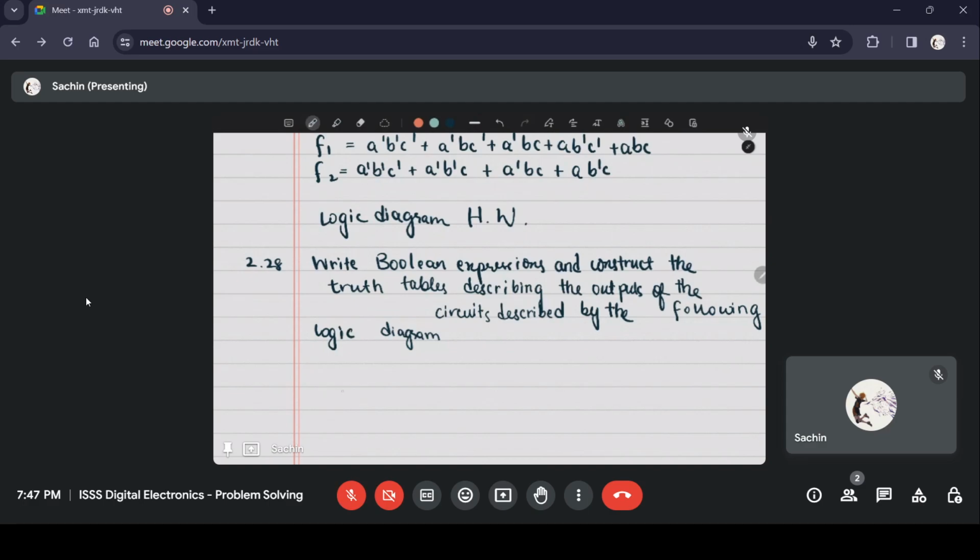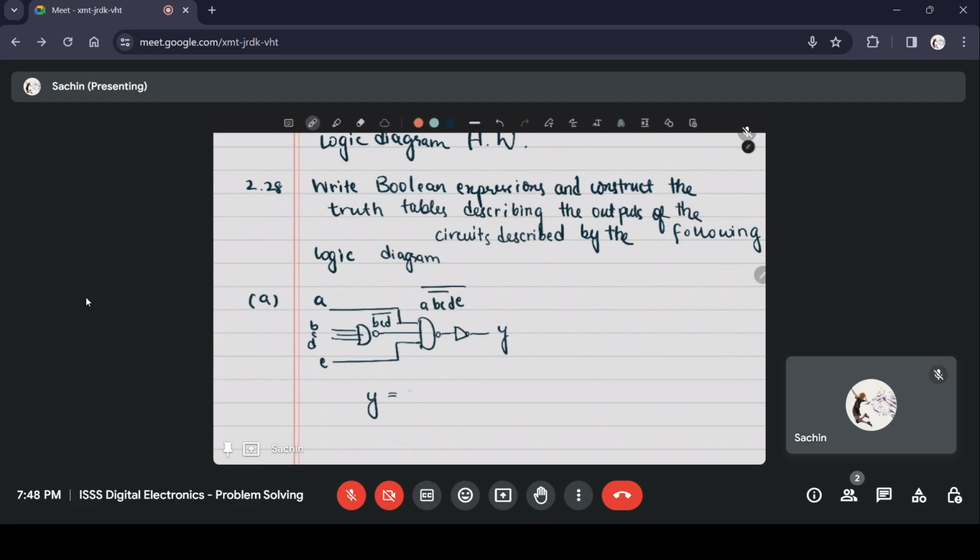And the first part is as follows. This is BCD prime, this A times BCD prime times E whole prime.